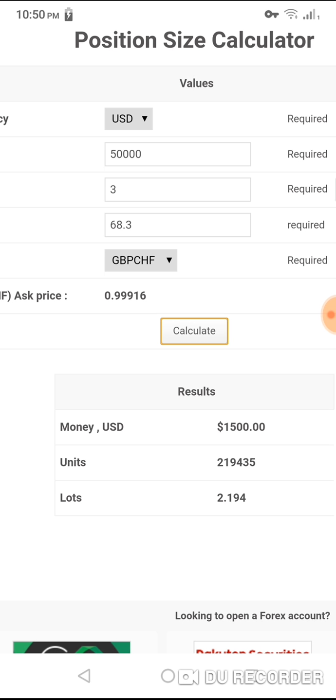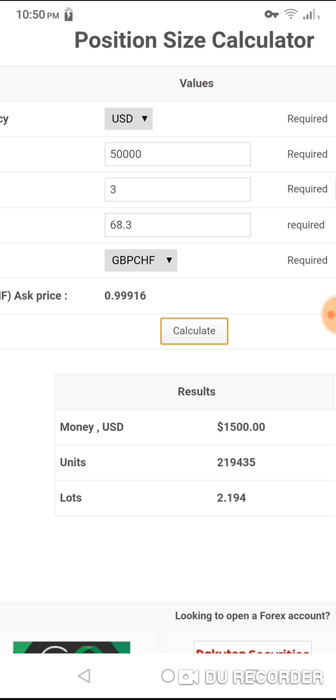Down here, it'll tell us how much money we'll be risking for that trade at 3%, which would be $1,500. The units, you won't need this unless you're not using the MetaTrader 4. If you are using the regular web-based trading app for Oanda or on the mobile phone, that's where you're entering the units.